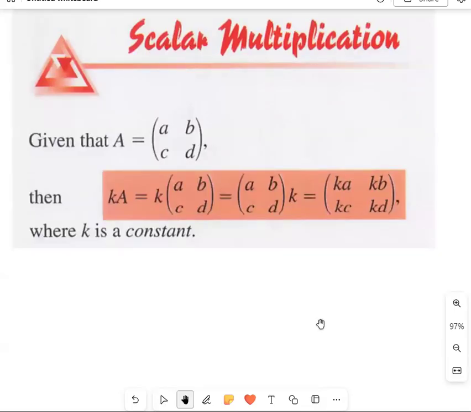When you talk about scalar multiplication, it means you're multiplying the whole matrix by some number in front, some constant. 1, 2, 5, minus 10, minus 1, some number in front.